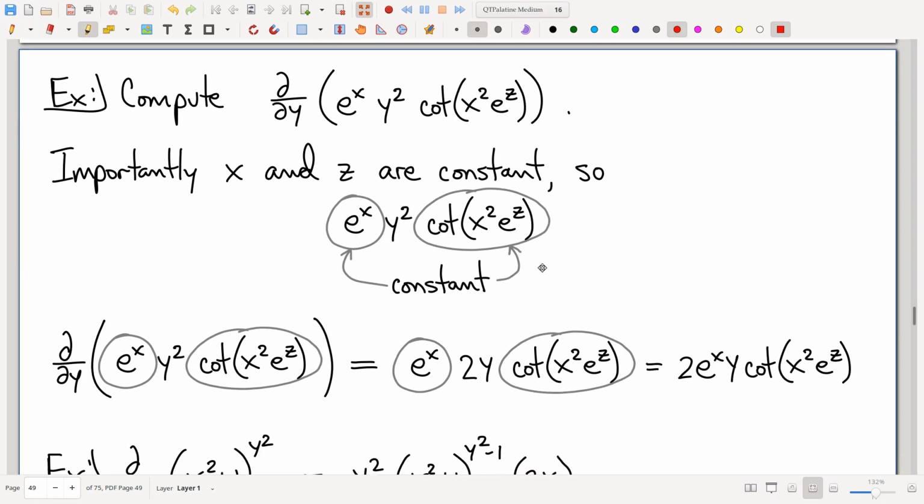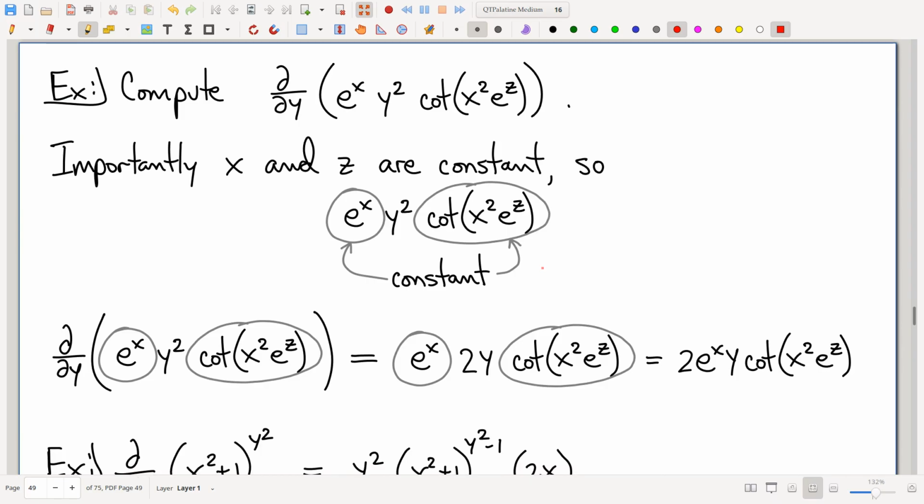Okay, let's do one. Again, not sure what this means. Again, I hope you're suspicious. Let's take a partial with respect to y of this monstrosity here. Yikes, right? Three factors. One of them's a composition. It's got a cotangent in it. I never can remember which way the signs go on tangent and cotangent. It's weird. So what are we going to do about this?